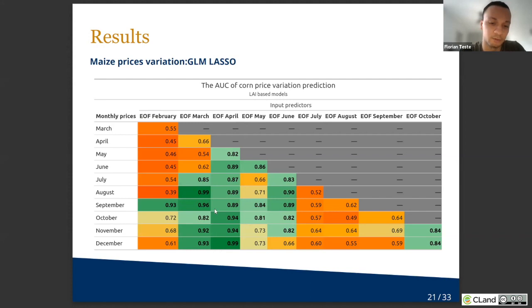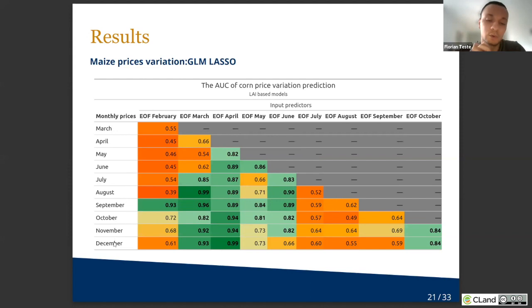For example, we can, not perfectly, but we can predict with high accuracy the price variation in October with the EOF of April. They have a very high score, and the EOF April works very well for all the months from May to December.